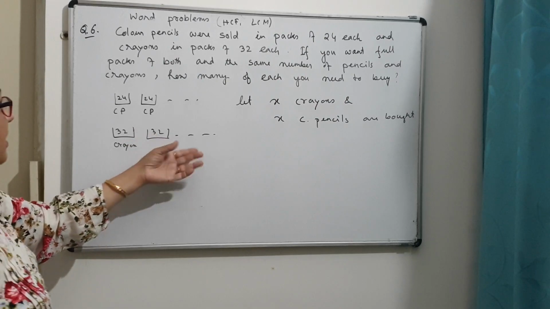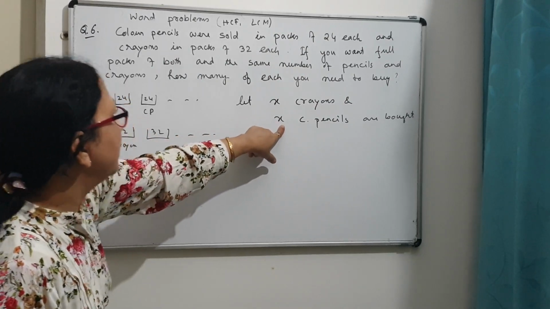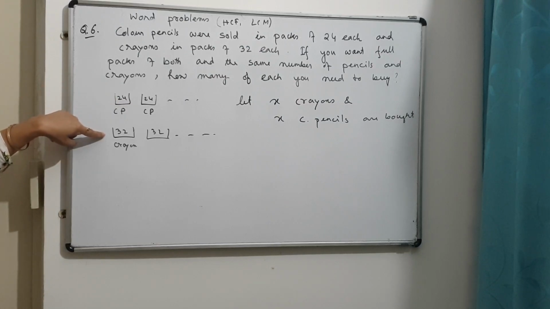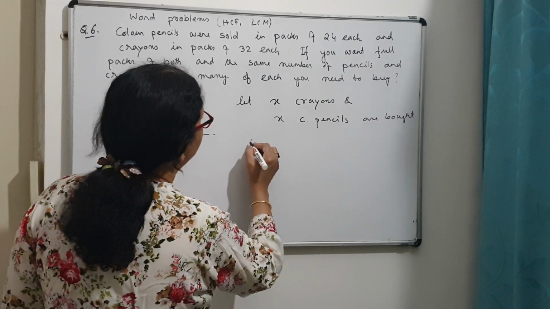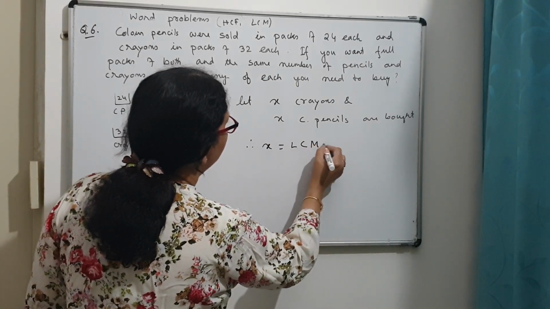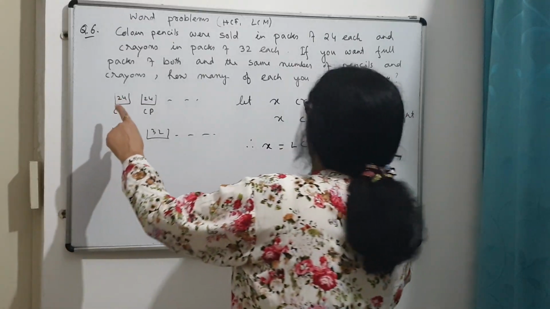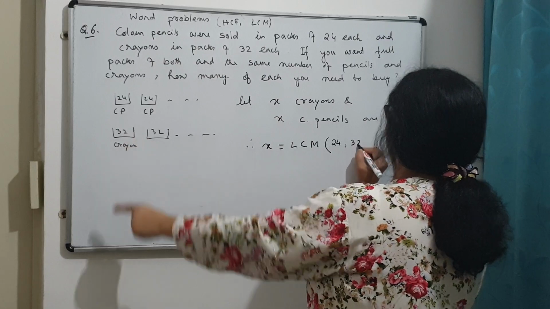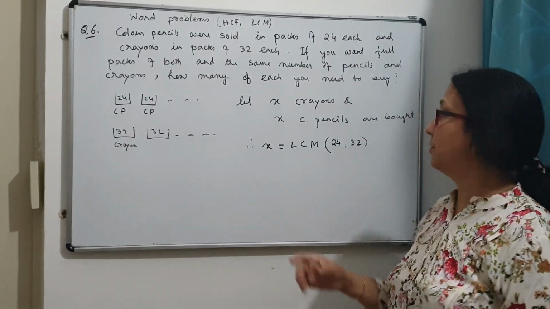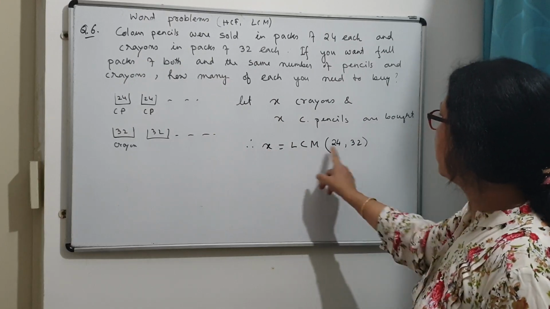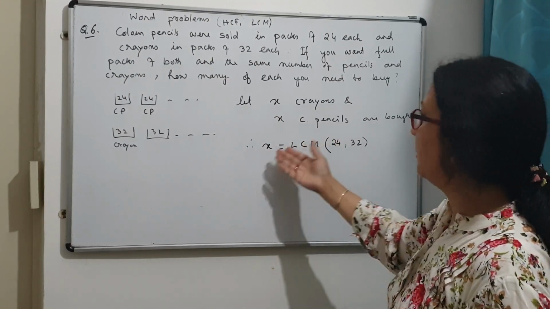So obviously this X has to be a multiple of both 24 as well as 32, because we have to buy in packs. Therefore X will have to be the least common multiple of the number of color pencils in a pack and the number of crayons in a pack. Is this clear? Why does this have to be LCM, least common multiple? You have to think, then you will understand.